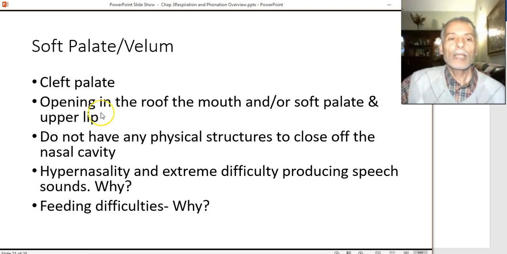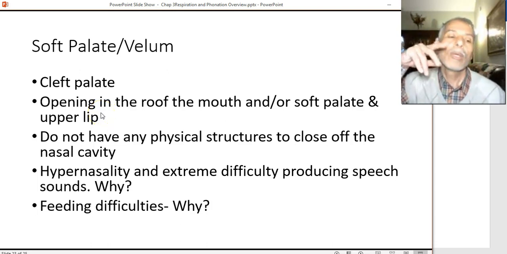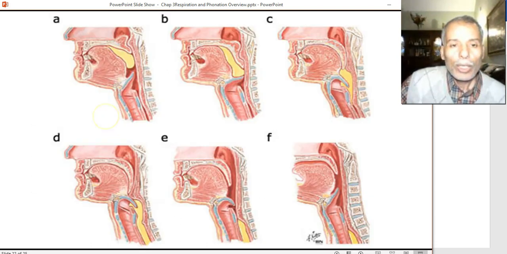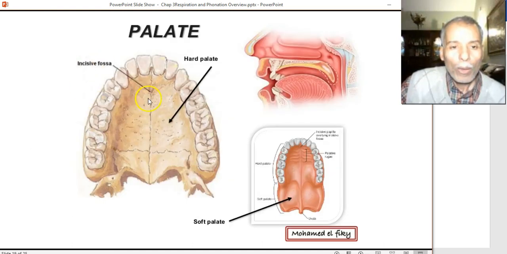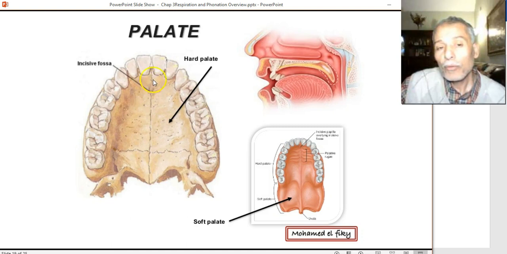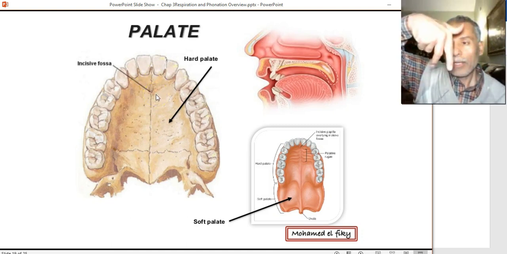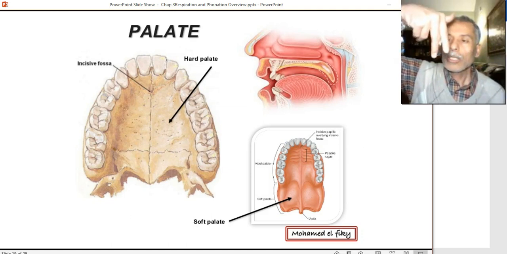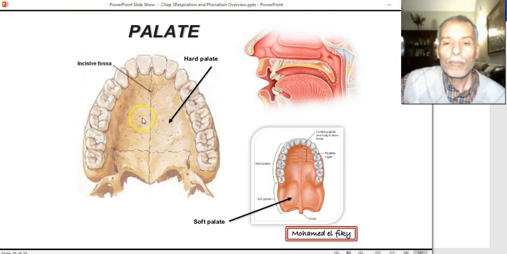Then for cleft palate, of course, I'm going to show you here, where you have the hard palate structure, for example, might not be closed off. Like this shelf of bone is not there to close against, to fuse with this shelf. So all of this will be missing because the hard palate fuses in the front like a zipper, and then as you go back, it closes and closes and closes.